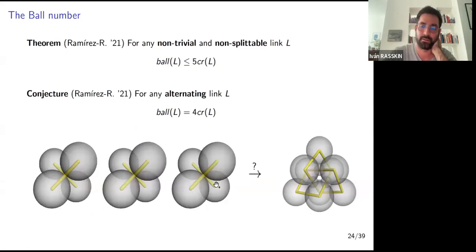And we have to close these crossings when it's alternating to construct something with 4 times the number of crossings. The alternating property will force that we cannot improve this constraint of 4 spheres per crossing.